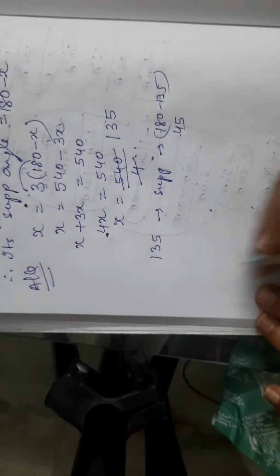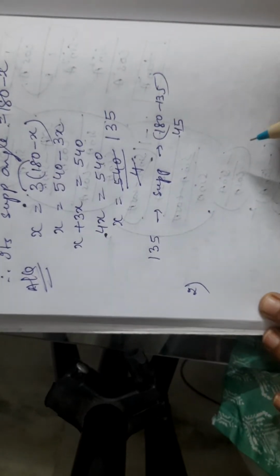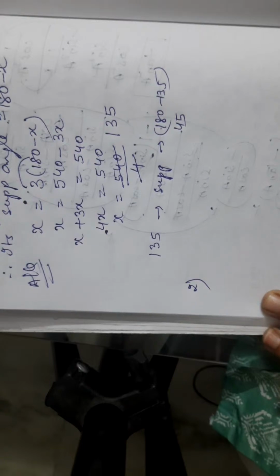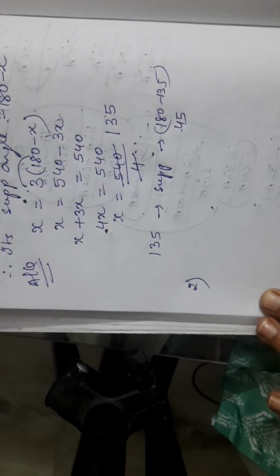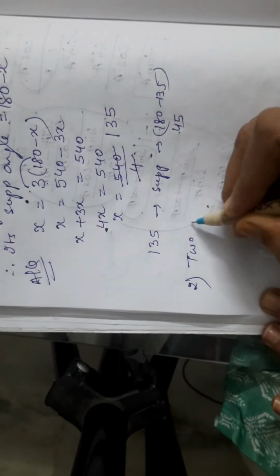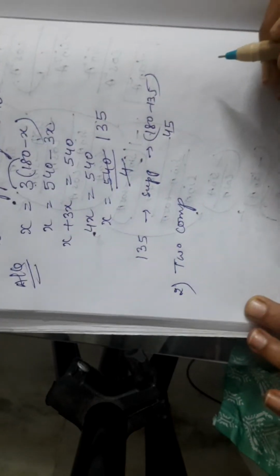In the second question, it is given two complementary angles. Two complementary angles are such that 2 times the measure of one is equal to 3 times the measure of the other. So here two complementary angles are there.